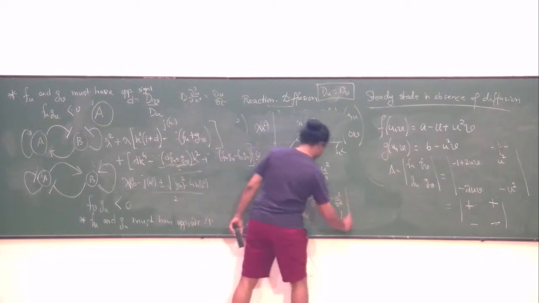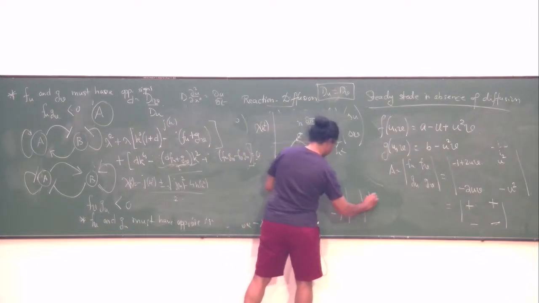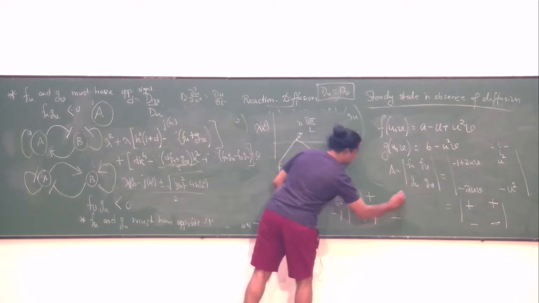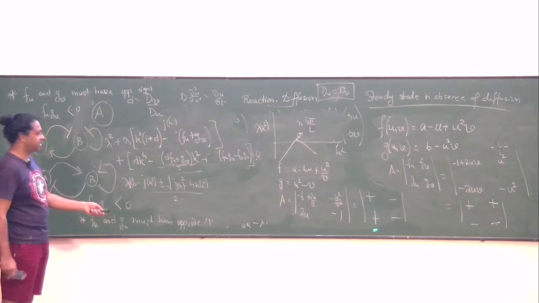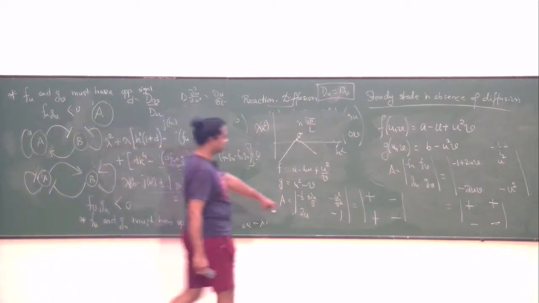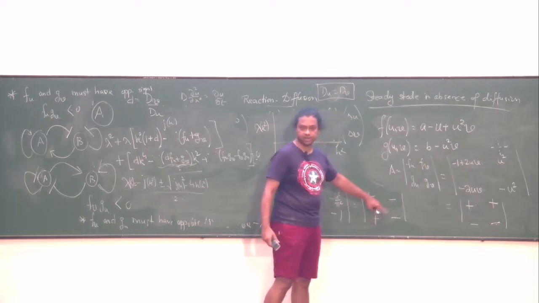So again, this has the structure plus, minus, plus, minus. Again, it satisfies all of my constraints. These two are of opposite signs, these two are of opposite signs.